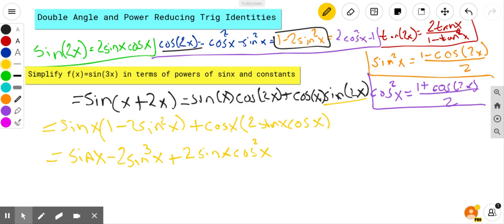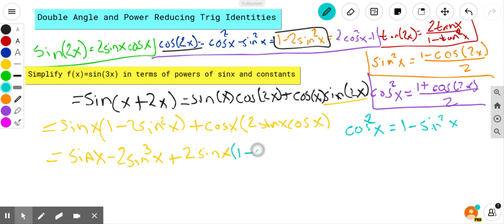Okay, here's how it's going to go. Because I know that cosine squared is equal to 1 minus sine squared, I can just go ahead and replace that cosine squared with 1 minus sine squared. There we go.